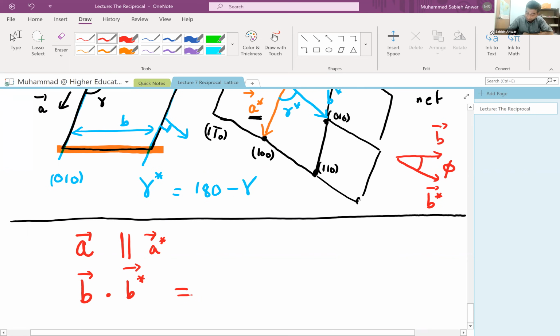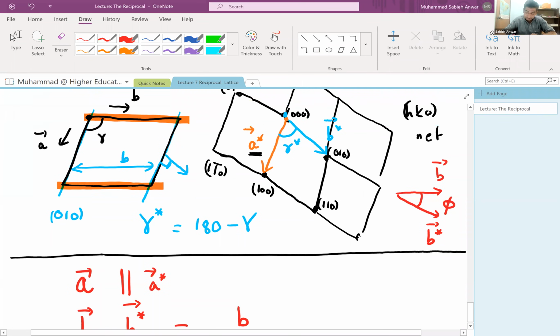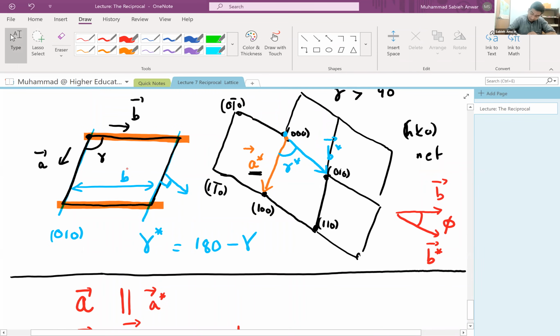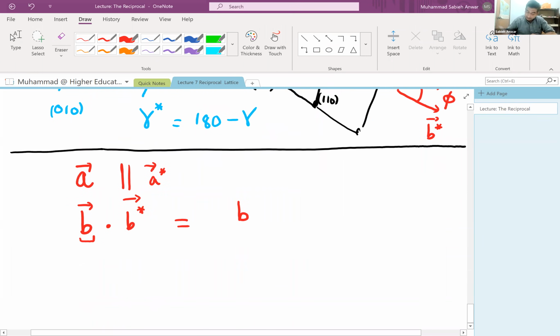So how do I form dot products? I take B. The length of the B vector is simply B, the interplanar spacing. So B is this length. I've already identified B. This is B. And B star is what we have over here. And cosine of phi.